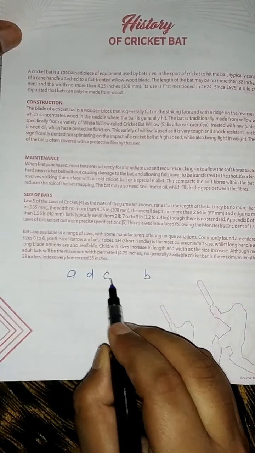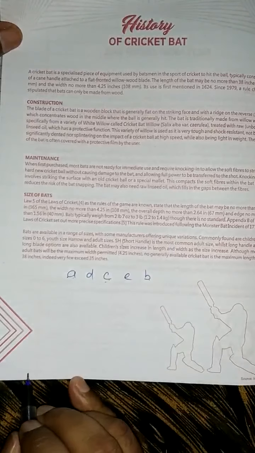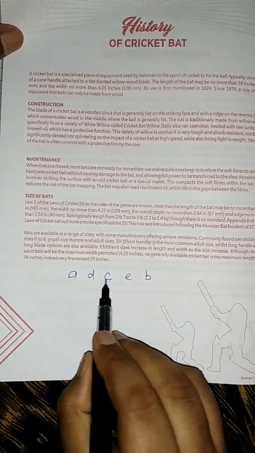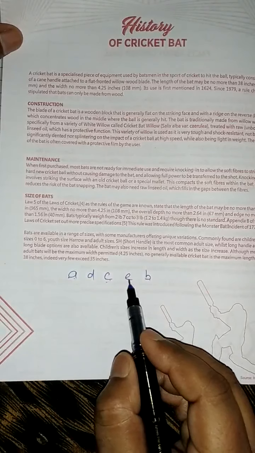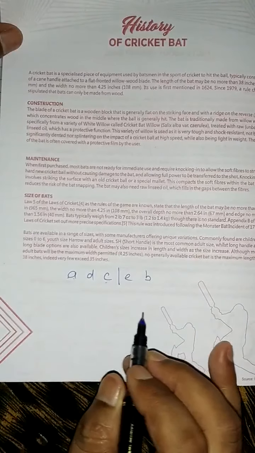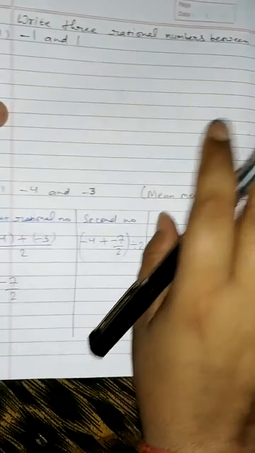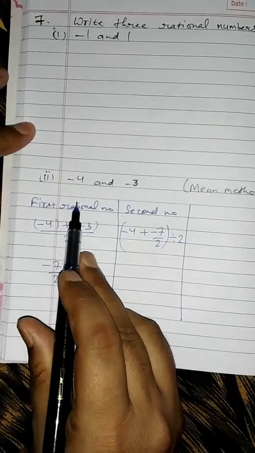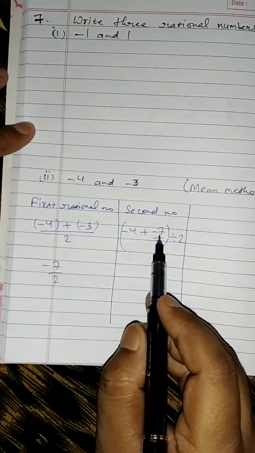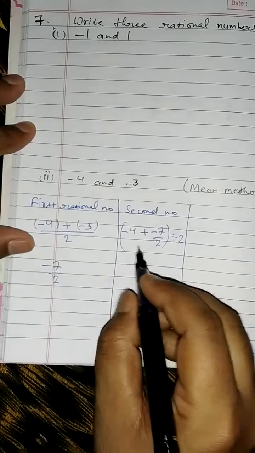Then we have to add C and B and divide the sum by 2. We get E. It means this is a sequence: if you add any two given rational numbers and divide that sum by 2, you get a new number between them. That is what we are doing here. Between minus 4 and minus 3 we got this, and between minus 4 and minus 7 upon 2 we are going to find a new rational number. So let us do it.